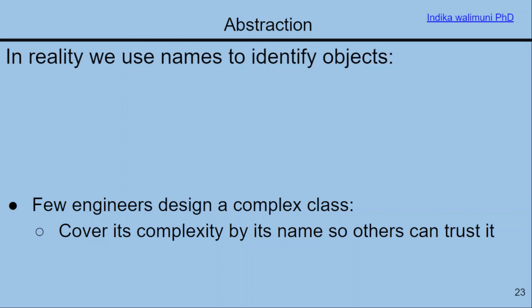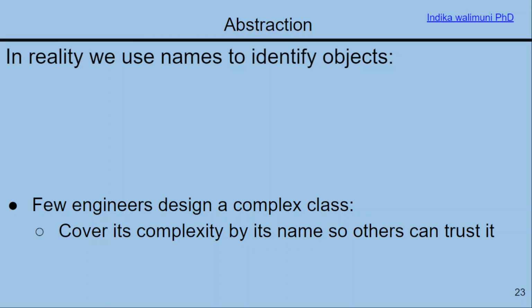Basically, they implement it and then cover up the whole design by a name, right? So they give it a name, usually a class or a library name. Okay. And usually others trust it. And if they don't, then we go back to the design again and redo it, right? So that's what we could do in software versioning, right?